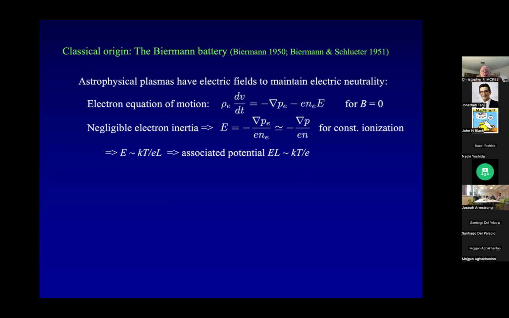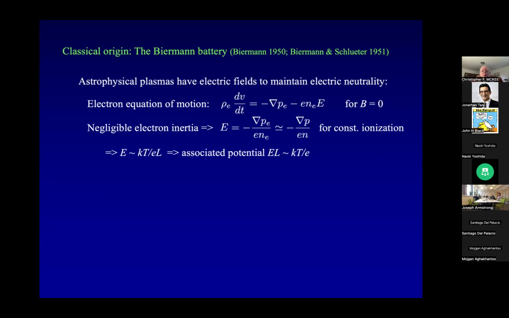Now, the mass density of the electrons is negligible, so we can just set that term equal to 0, and that tells you that you get an electric field which is proportional to the pressure gradient in the electrons. And that, in turn, if you take the ratio of the electron pressure to the density, that's just the same as the total pressure to the density if the ionization is constant.